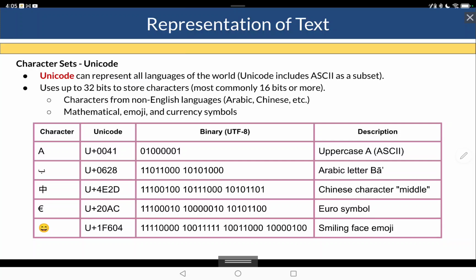It can represent emoji, even mathematical symbols, currency symbols, and so on. That's because it uses up to 32 bits, so we can have more characters. For example, this emoji, these are the binary digits.